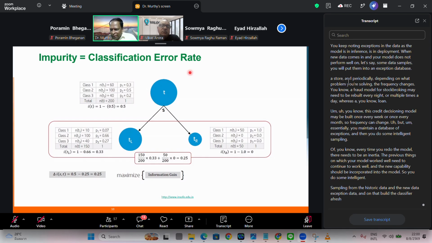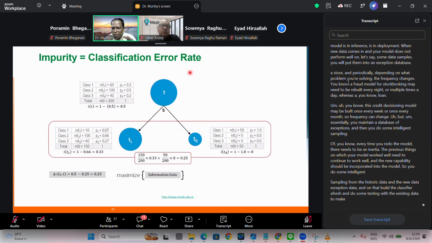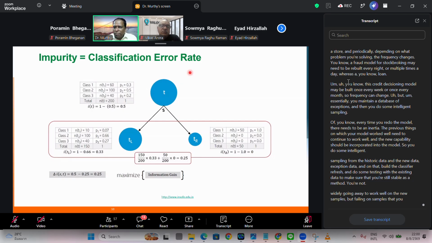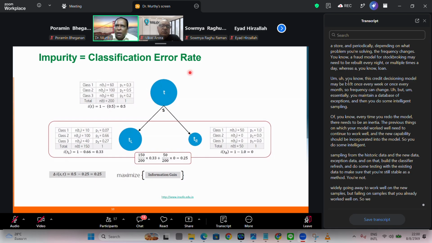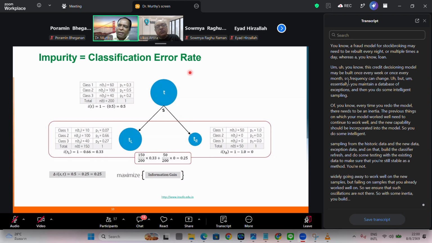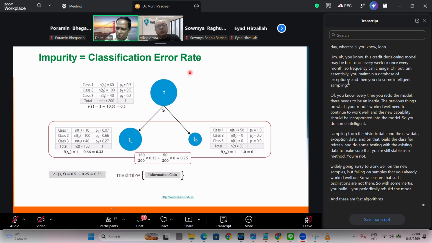And do some testing with the existing data to make sure that you're still stable as a method. You're not widely going away to work well on the new samples, but failing on samples that you already worked well on. So we ensure that such oscillations are not there. So with some inertia, you periodically rebuild the model.